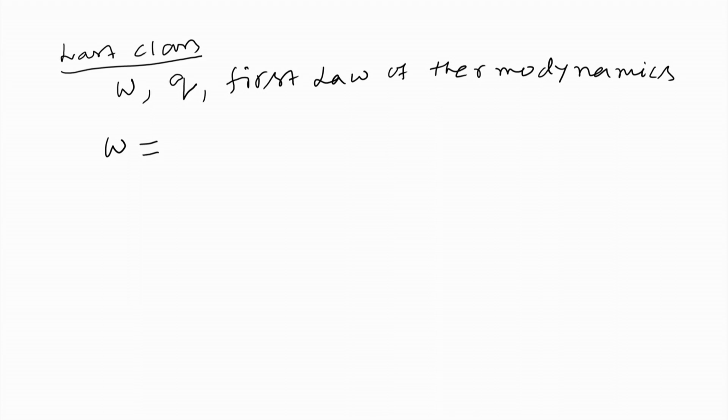So, we know work done is minus P external times volume change, and this is true for irreversible process, that we already know.